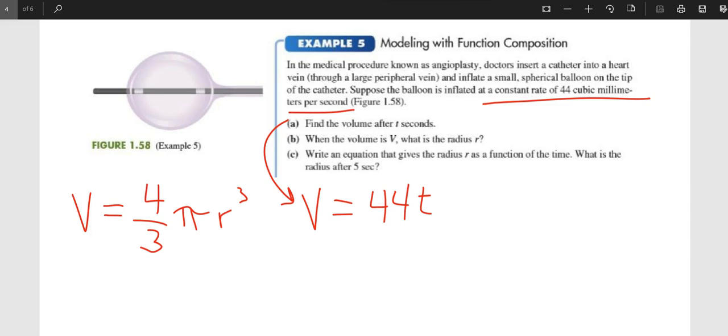Part B. Now, maybe I should ask you this question. Do you see a common variable that you can use to tie these two equations together?